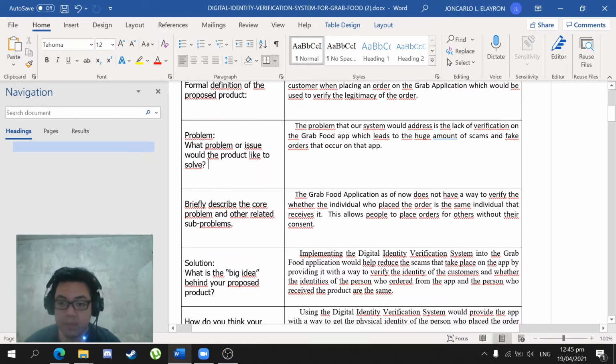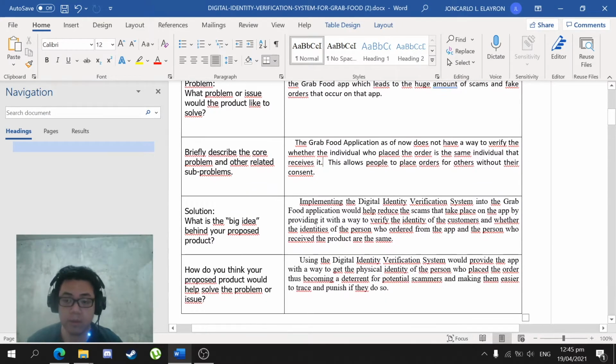This happens because the Grab application does not have a way to verify whether the individual who placed the order is the same individual that receives it. So our system would be the way to fix that.